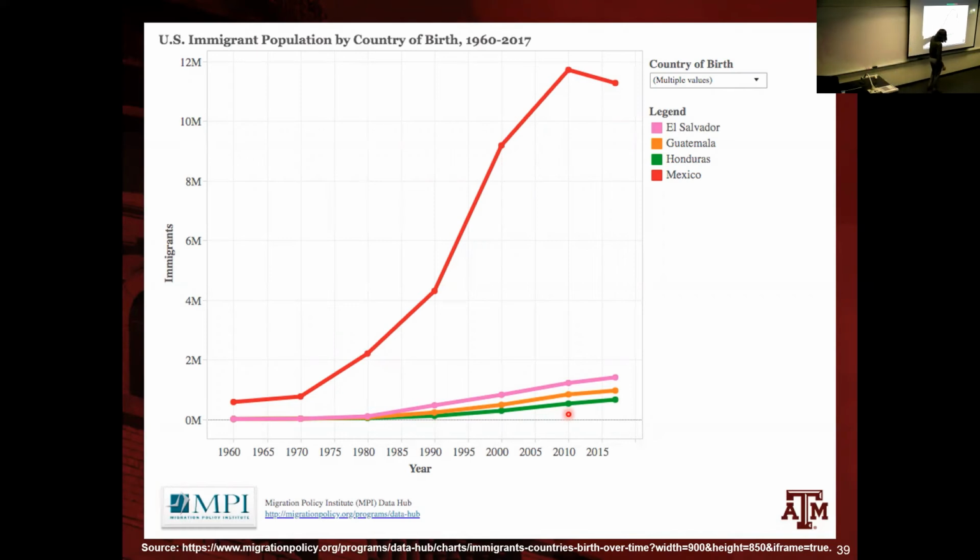And yeah, you see an increase. If you analyze them by themselves, it's a huge increase from really low levels to higher levels to almost, let's say, 1.5 million for each one of these countries. But still, overall, their numbers are smaller than people born in Mexico.